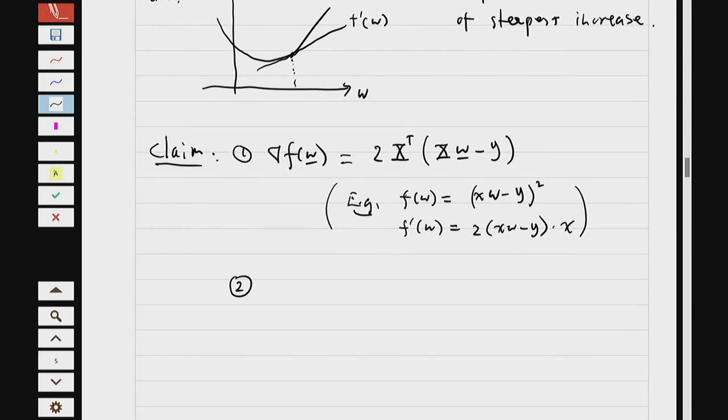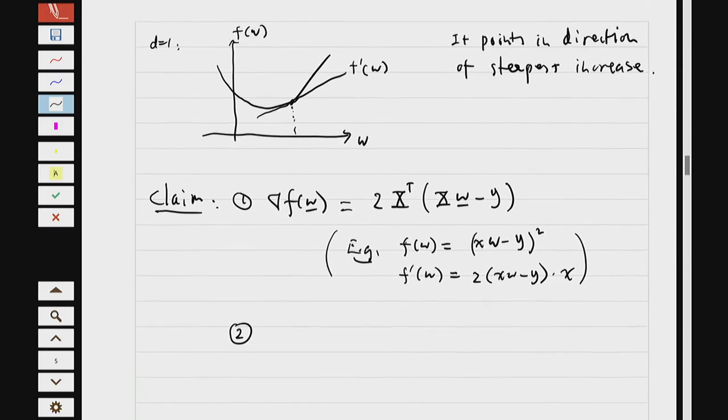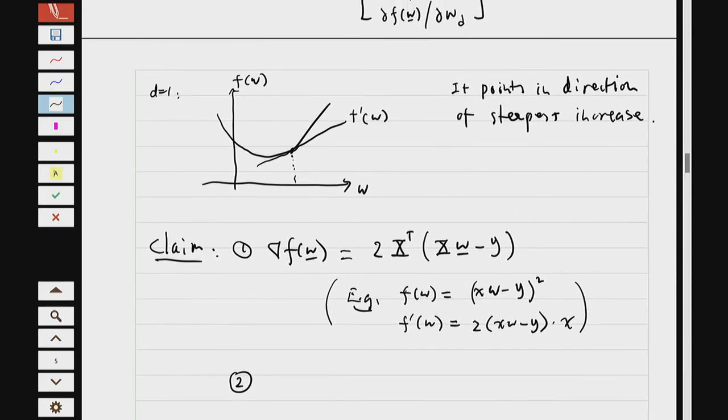So number 2 is the claim that we want to minimize this function, and I know the gradient, the slope. I already know the derivative. How do I minimize the function if I already know the derivative? Set it to 0. In particular, this one is a convex function like that.